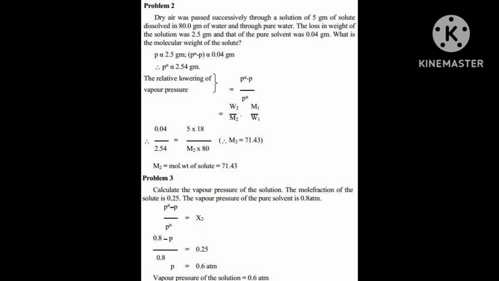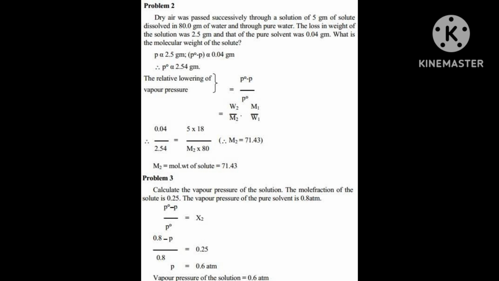Then here, elevation of boiling point. Here you have to understand the main things. This is the elevation of boiling point of the solvent, because in a solution the main role is of the solvent.